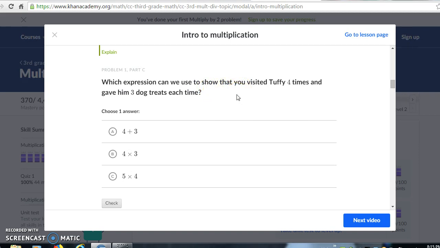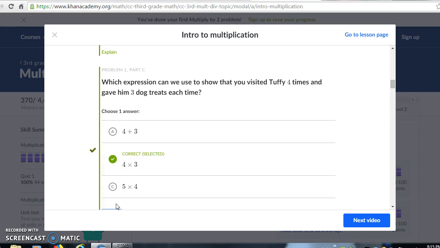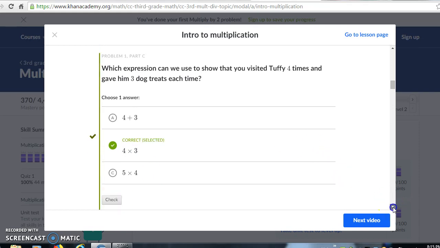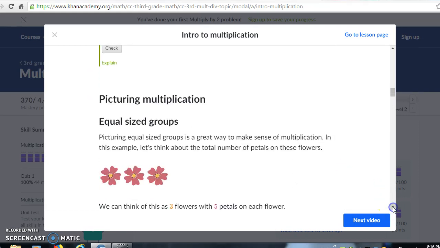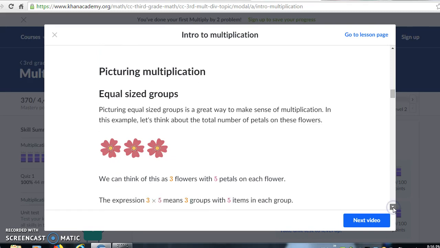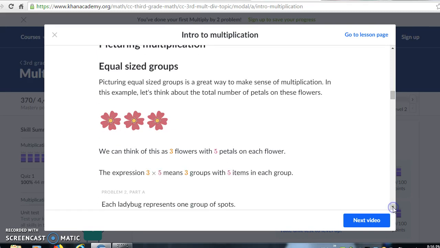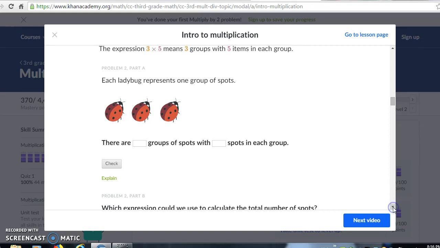So that would be B, 4 groups of 3. Again, I check my answer and we get it correct. So if I continue to scroll down, it's going to continue giving me some other problems and other areas where I can fill in. Okay, so we're going to go ahead and get out of this lesson.